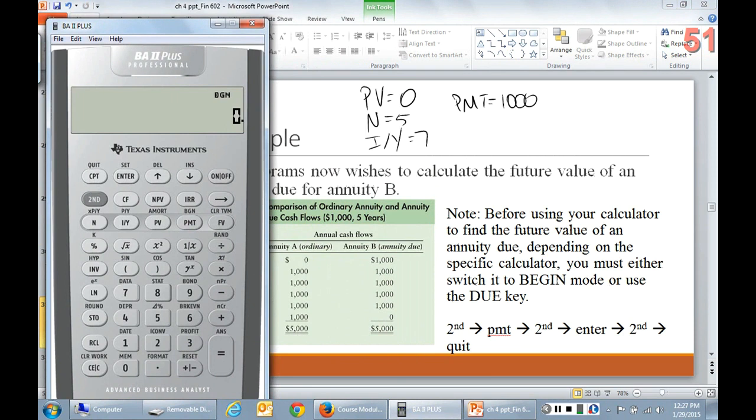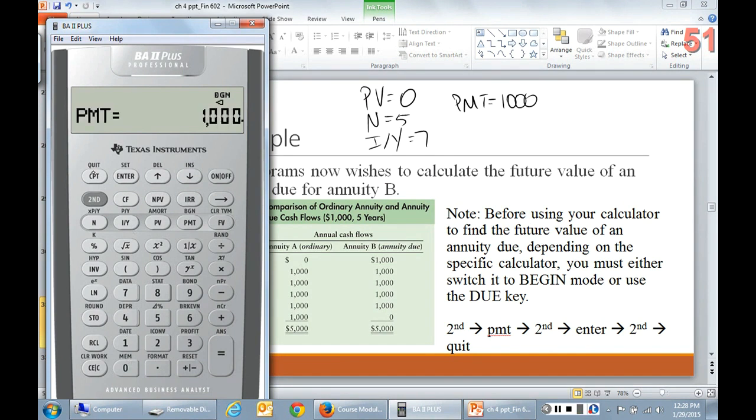So the first step, we clear our time value of money. Second, clear TVM. The present value is 0. N is 5. The interest rate is 7. The payment is $1,000.